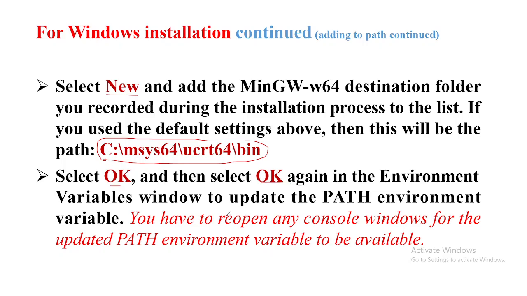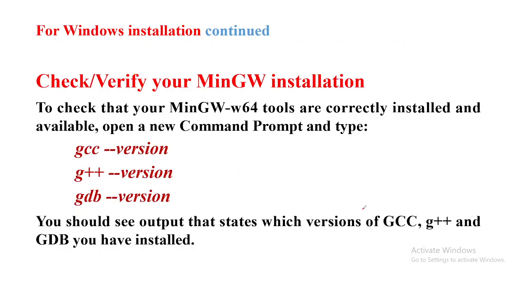So if you have any console application or any environment that is open, for the path to be updated for that application, like VS Code, to see the path, you need to restart it, otherwise it cannot recognize it.